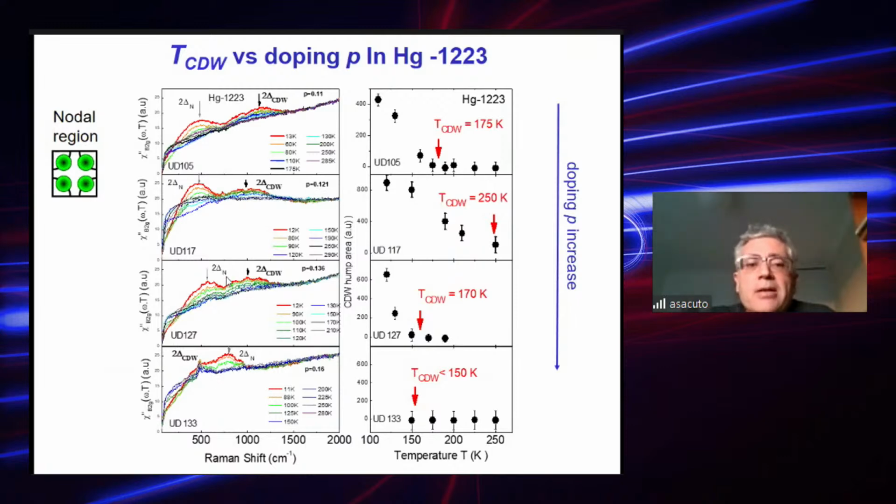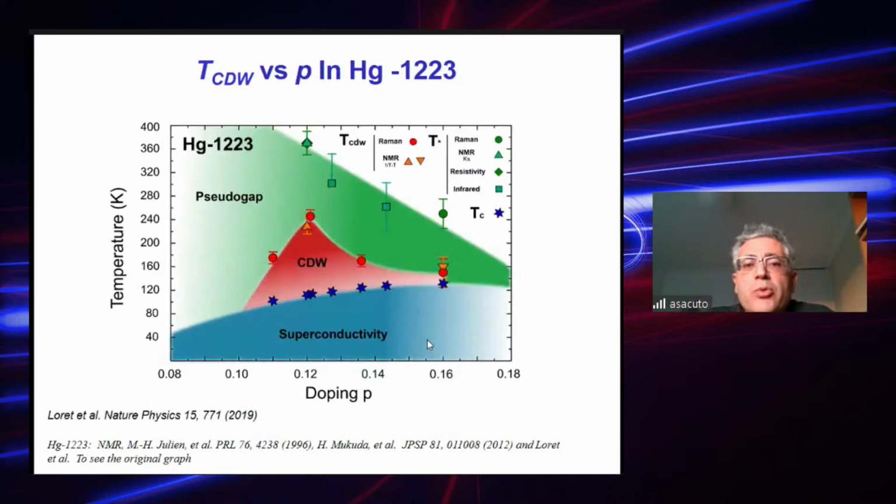We measure each time the integrated area of the peak as a function of temperature to find where it collapses to define the transition temperature of the charge density wave. We can see that it's non-monotonic, and this is reported here.